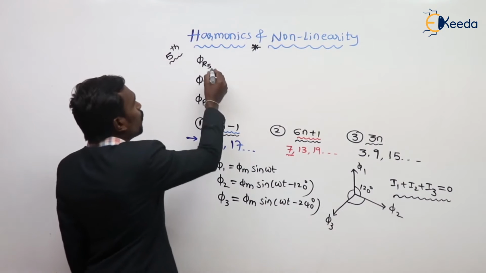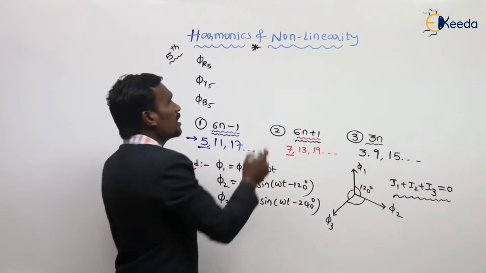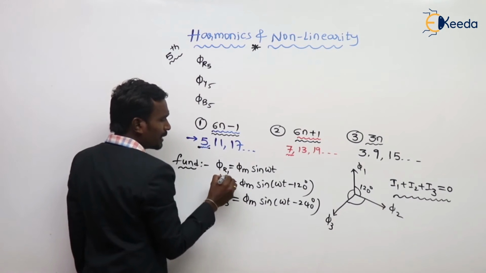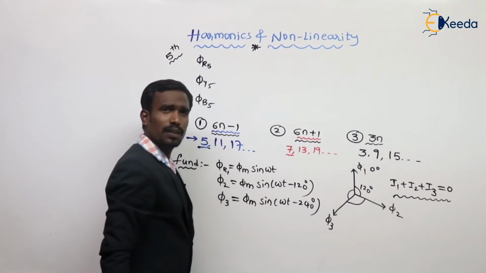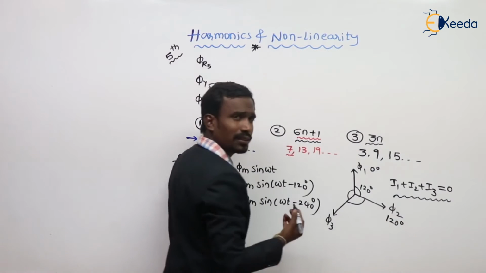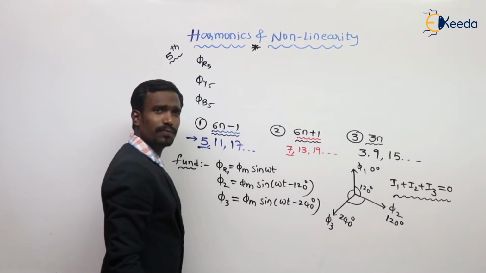Do you know where the R phase is located? Generally, we know the R phase of the fundamental is located at 0 degrees, the Y phase at 120 degrees and the B phase at 240 degrees.